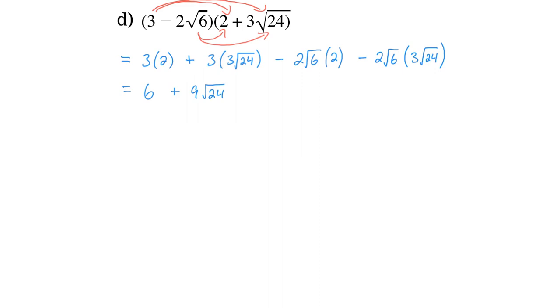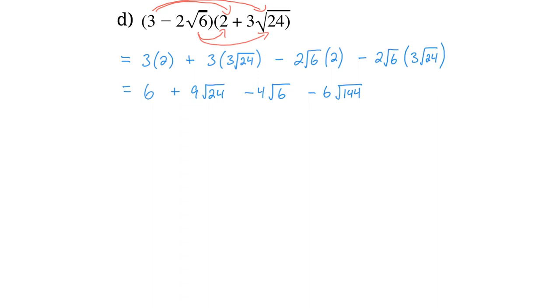Next, we have negative 2 times 2, which is just negative 4, and we're going to keep that root 6 as is. And then here we have negative 2 times 3, so that's going to be negative 6. And root 6 times root 24 is just the square root of 144. And before actually doing the addition and subtraction, we want to check if we can reduce any of these, okay?